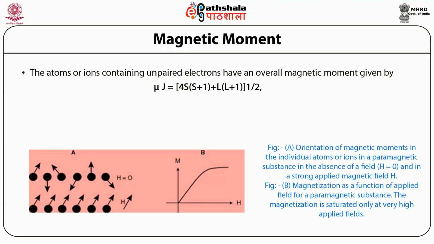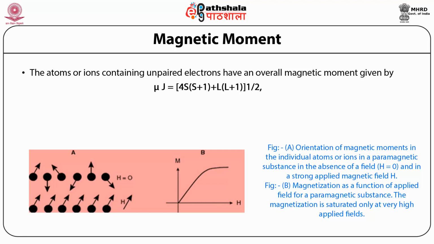The atoms or ions containing unpaired electrons have an overall magnetic moment given by mu J equal to [4S(S+1) + L(L+1)]^(1/2), where S and L are the spin and angular momentum quantum numbers respectively, and J is the total quantum number resulting from the coupling of the spin and orbital angular momentum.